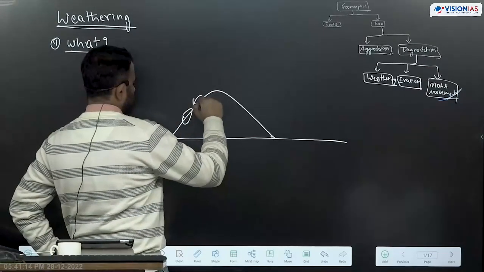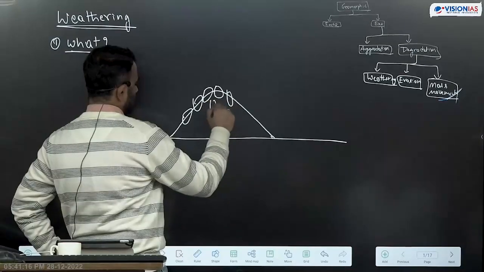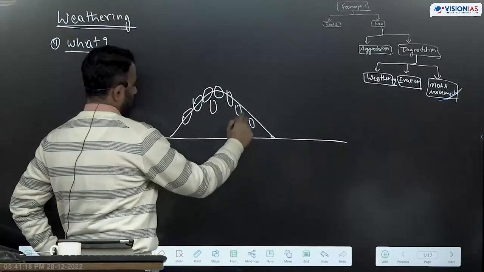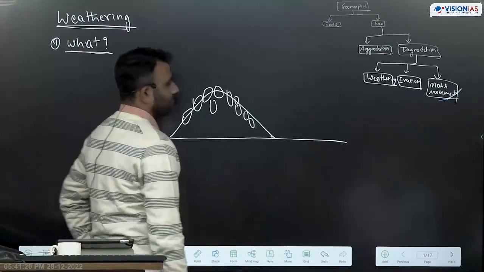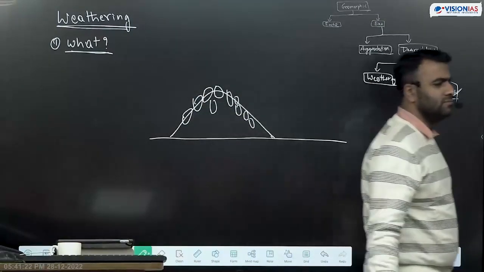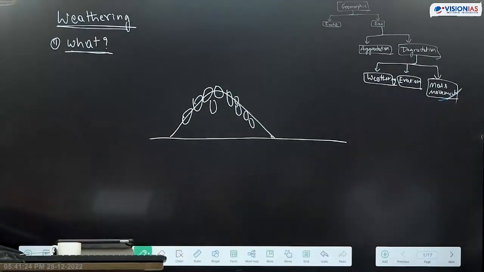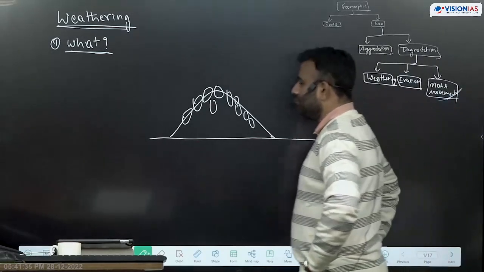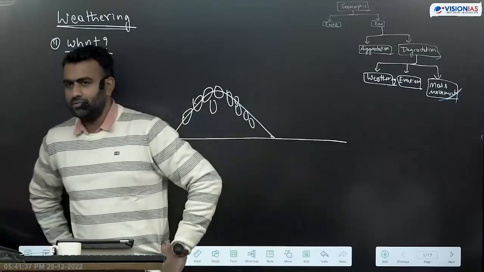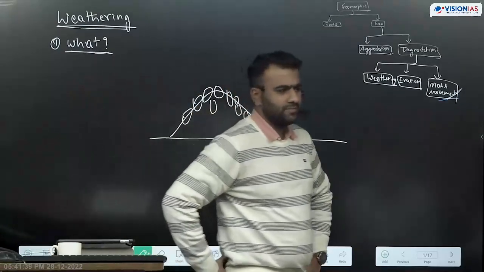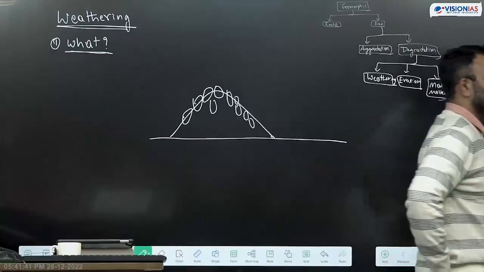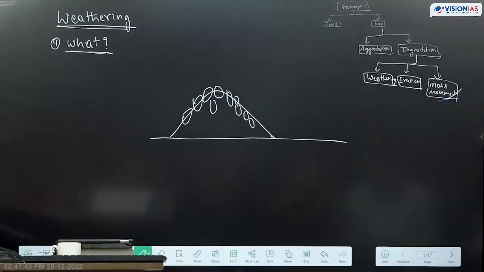In the hills, there are many rocks, boulders. Okay, rocky hills तो देखा होगा. Okay, northern plains में कम है. So if you come to peninsular India, you will find many of these rocky hills. So will these hills remain the same over a long period of time? Breakdown होता है. They get weathered down. We call it weathering.